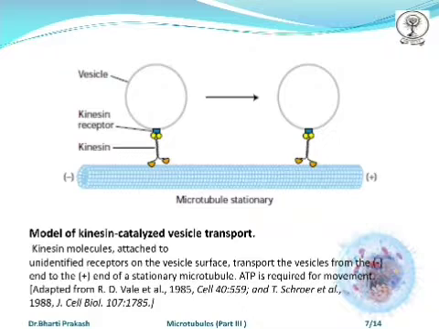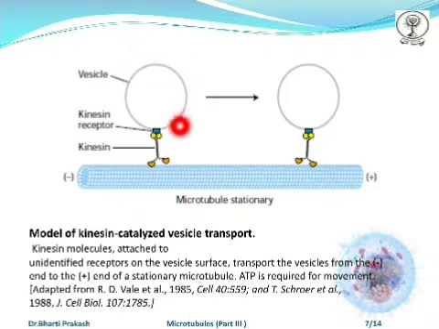Now again in this picture, this is a model of the kinesin which catalyzes vesicle transport. This is the stationary microtubule, this is the positive end and this is the negative end. This is the kinesin molecule, and this is the site for attachment to the receptor. So this is the kinesin receptor.